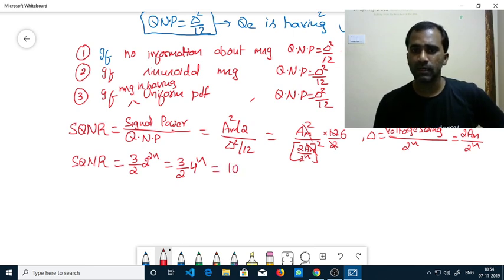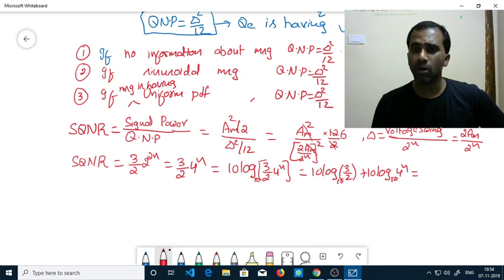So this is equal to 10 log, same answer in dB scale, 3 by 2 into 4 to the power of n, which is equal to 10 log 3 by 2 plus 10 log 4 power n to the base 10. You have to use 10 log whenever you are applying a logarithm for second order values like power ratios or energy ratios.